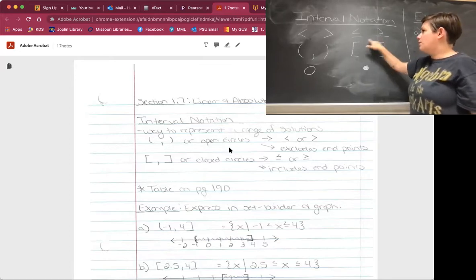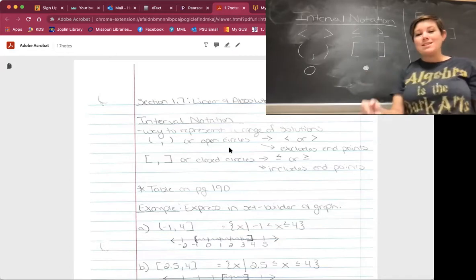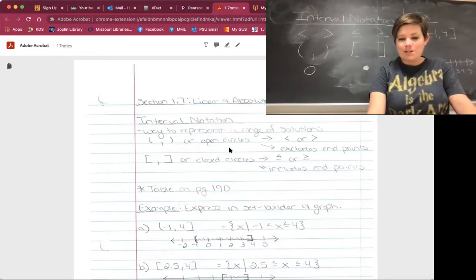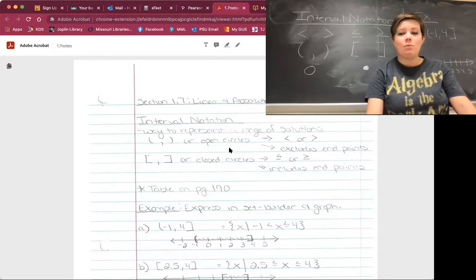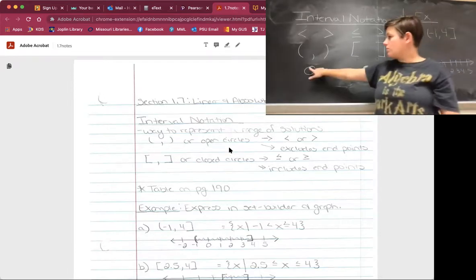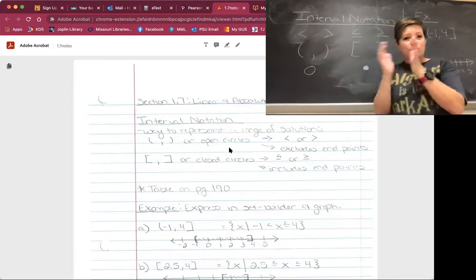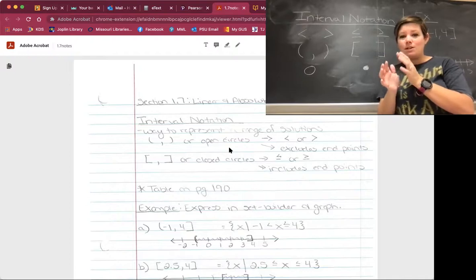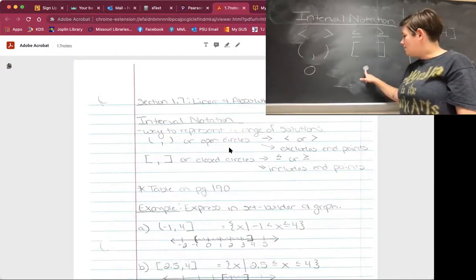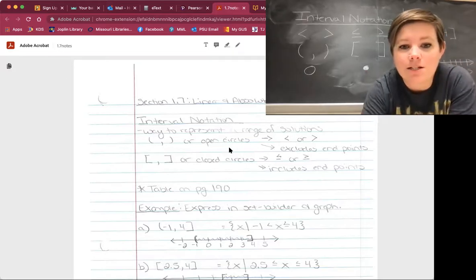This equal to part in the closed bracket or the closed circle means that we include that end point. We include that point in with the solution set. So that's the difference. Open circles, or parentheses, mean we don't include that point. We get really close, as infinite possible. Whereas the closed ones mean we actually are going to include that given point.